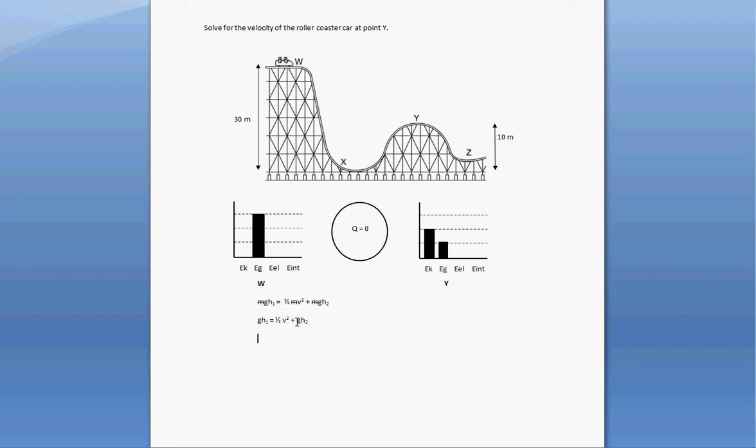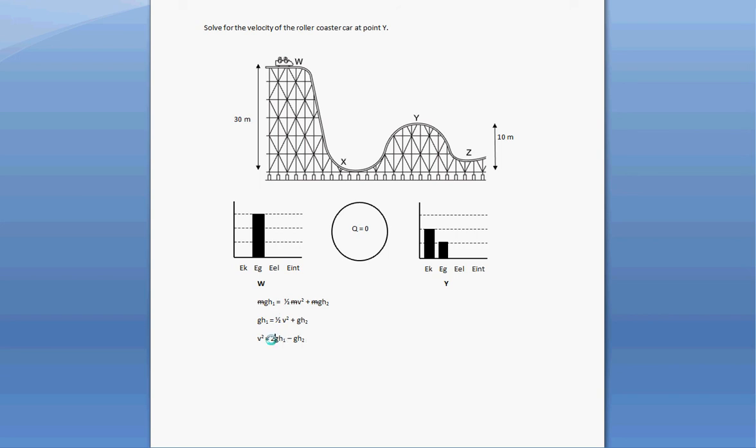So what we're going to do is we're going to subtract this term from both sides, and once this comes over, we're going to multiply both sides by 2. So v squared is equal to gh1 minus gh2. So that was bringing this over, and now we want to multiply both sides by 2.